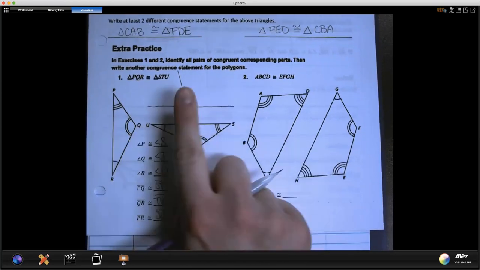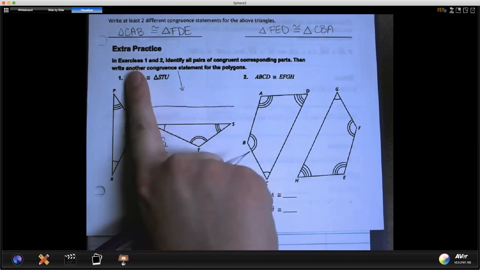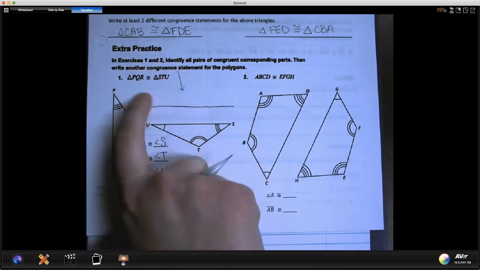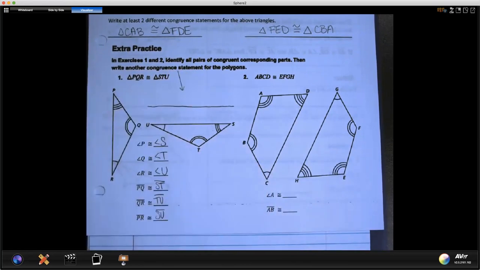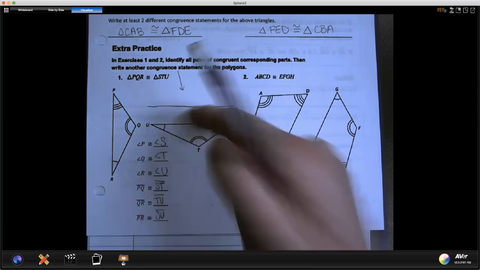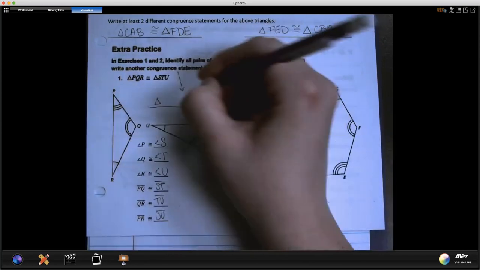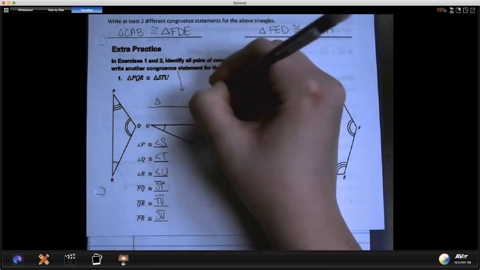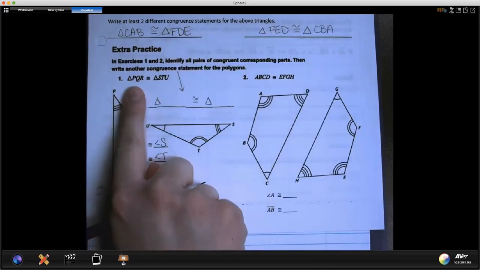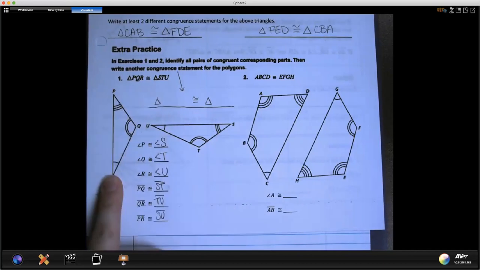Okay, now it also said in the instruction we were supposed to write another congruent statement for the polygon. I forgot to leave a blank for it, so we're gonna just make a little line there, okay? And I want you to make a congruent statement for this triangle. So we already have this one up here, which says PQR is congruent to STU. So do another practice of creating a congruent statement.